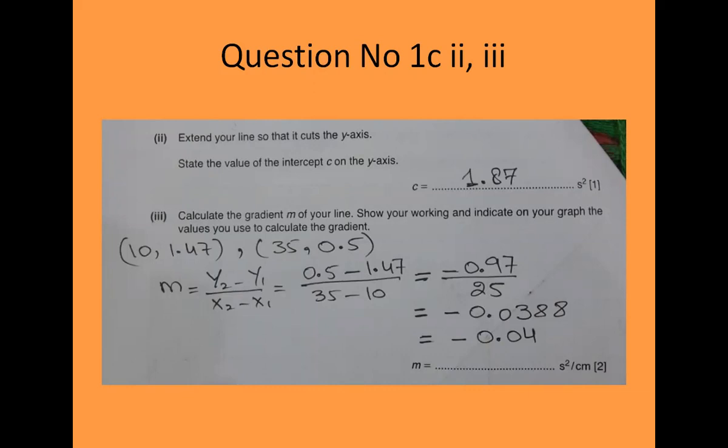So it is 0.5 minus 1.47 divided by 35 minus 10, which is minus 0.97 divided by 25, so minus 0.0388. Rounded to the hundredth, it is minus 0.04. So the gradient is minus 0.04.